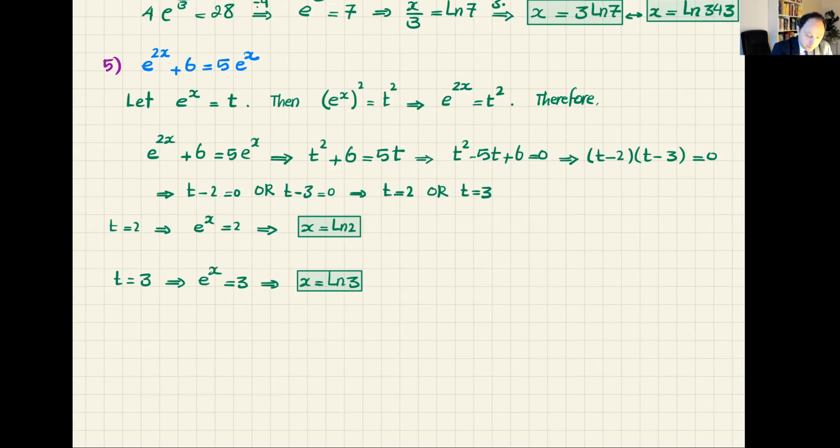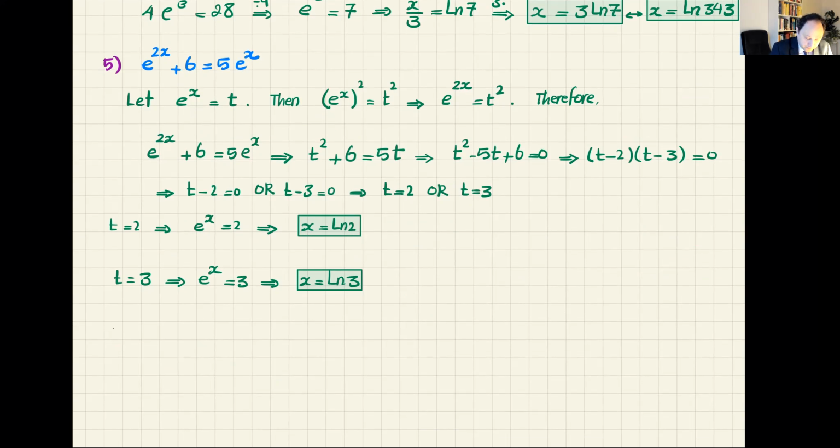Let me solve another example for you. How do we solve this equation: ln 3 times ln of x is equal to ln of 5, oh sorry, let me write it this way, ln of 5x. By the way, people simply write ln of 5x.